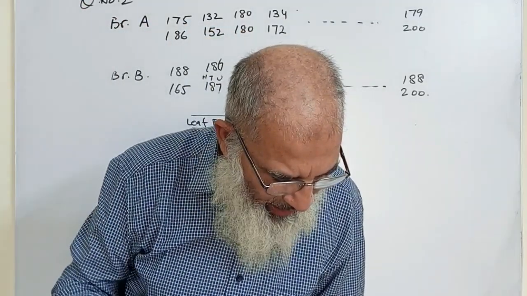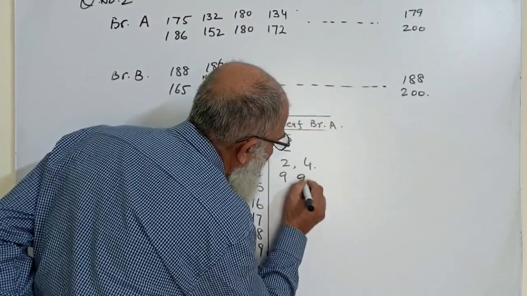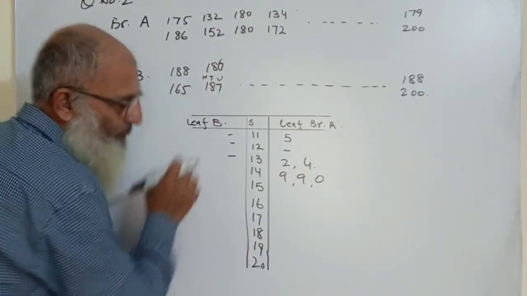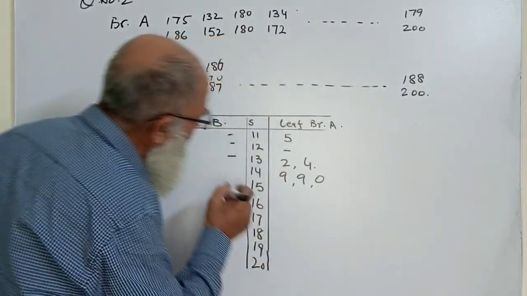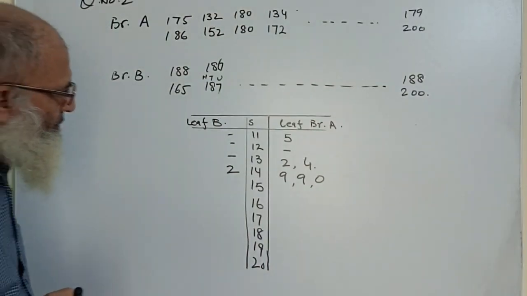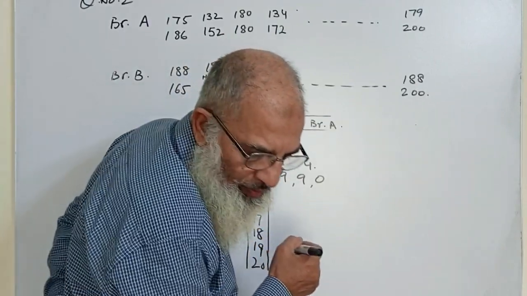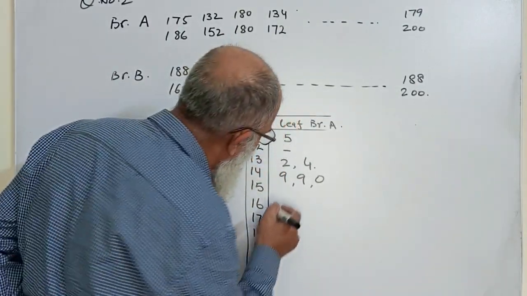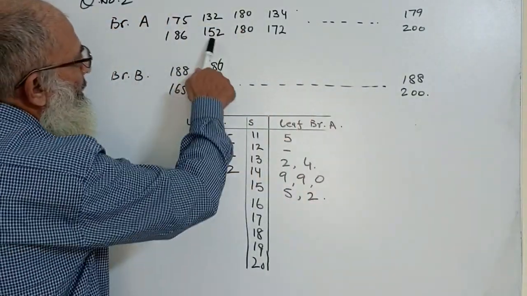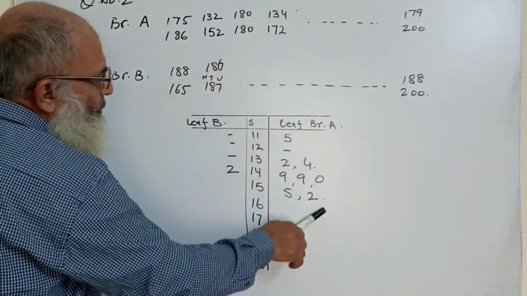Now similarly, we'll keep on doing this. So it will become 990, and at branch B we'll take 15, 152.